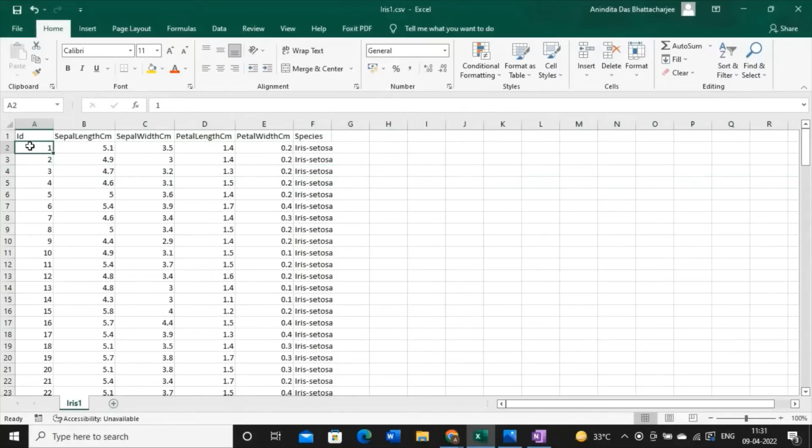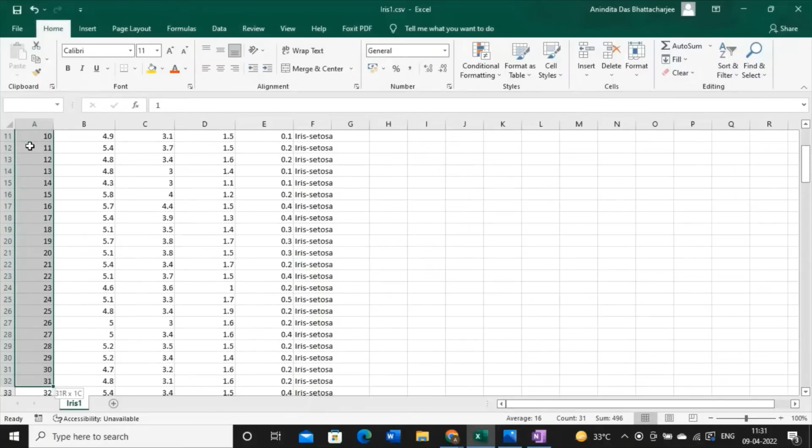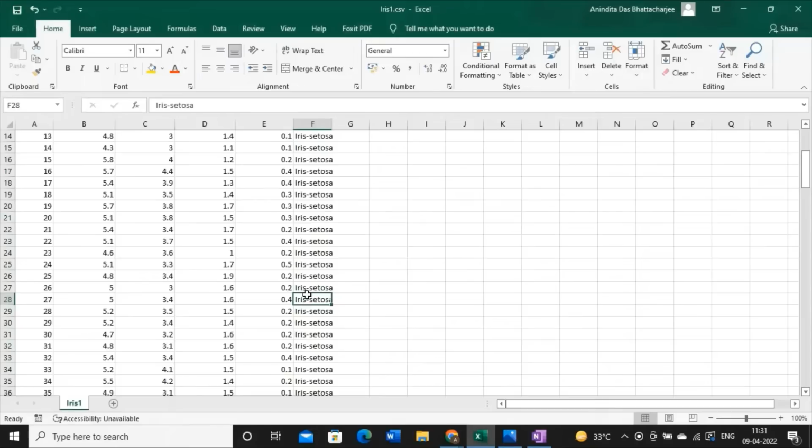You will find that we have a total of 50 records for Iris Setosa type. Basically it means the person who created this data set has collected 50 samples for the Iris Setosa flower type. Why are these 50 samples collected?